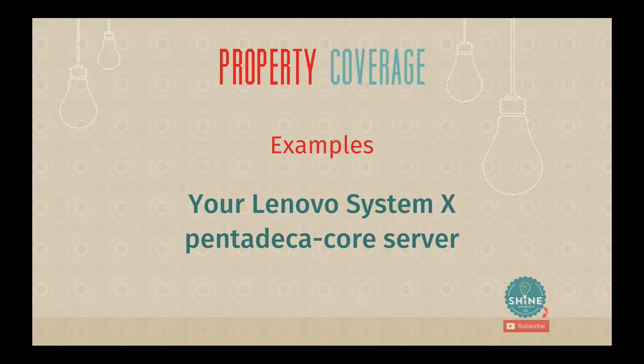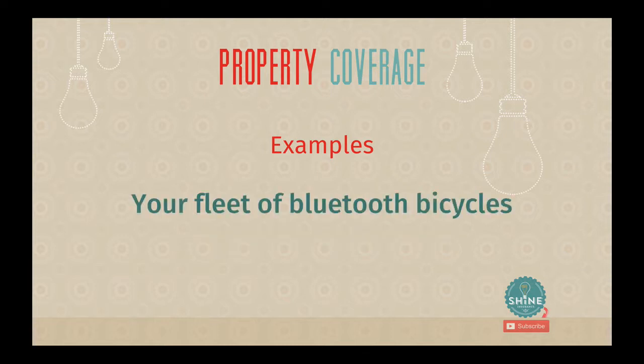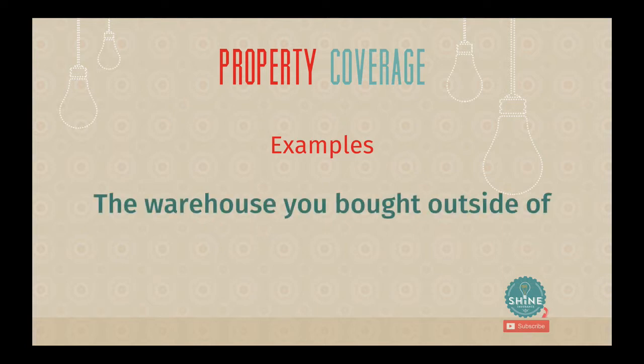You bought that thing for $150,000, and you definitely need to cover that. You need coverage for your fleet of Bluetooth bicycles that you got for your staff because you're just that kind of boss, right? That is the property coverage that you have on your policy.